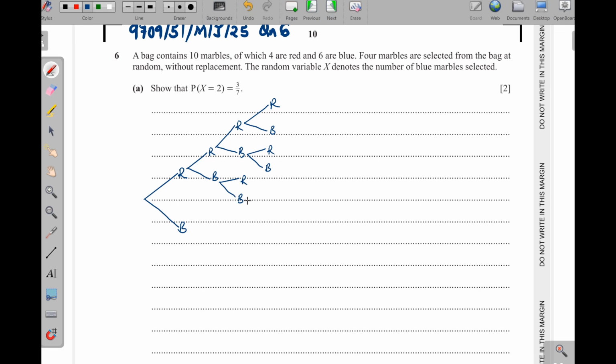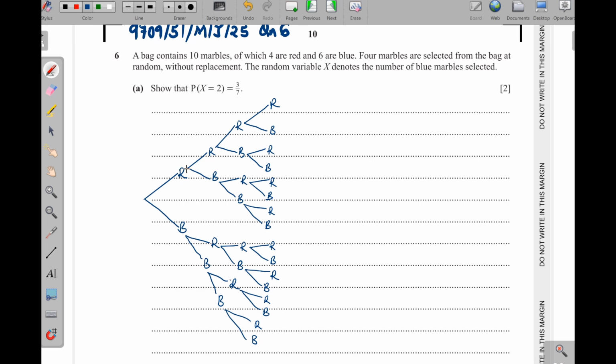Then this one, red, blue. Then red, blue. Very big. See?